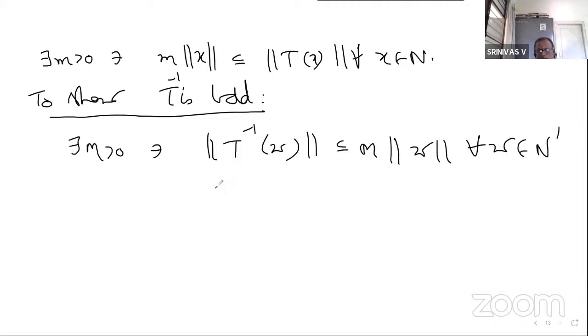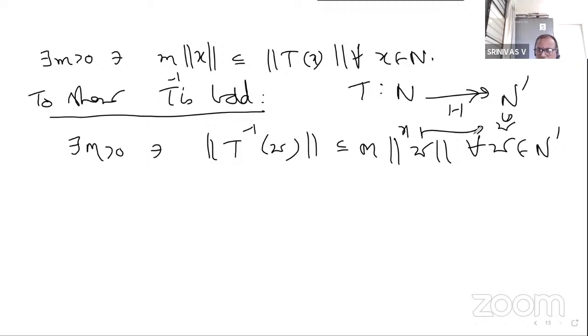Now, our T is mapping n to n dash, and T is onto and 1 to 1 also. We showed it is 1 to 1 also. So we can speak of W taken from here and its pre-image. There will be an x here which is taken to this.